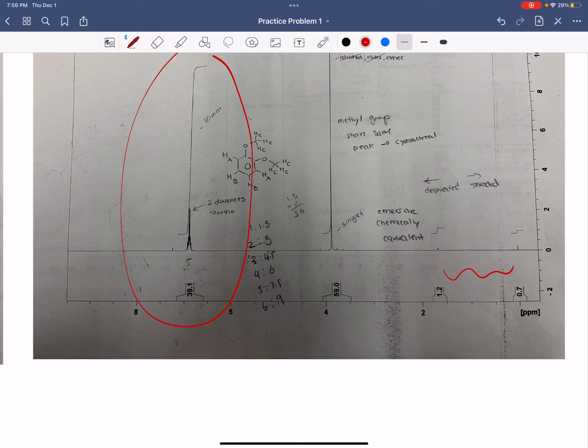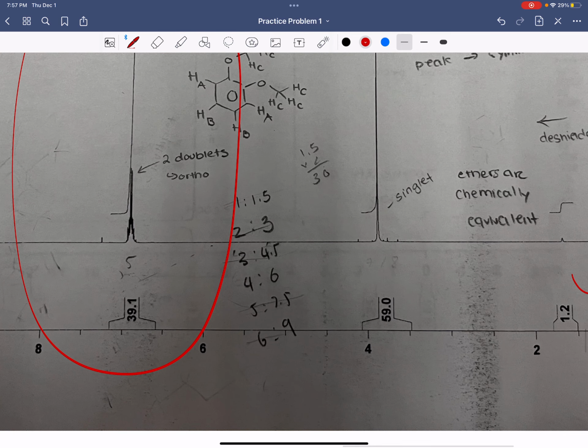So I used 39.1 as my smallest integration value, and I divided the 59 integration value by it to get the ratio of 1 to 1.5, which I then multiplied by 2 to get rid of the decimal point because it's impossible to get a fraction of a hydrogen. After that, I got the 2 to 3 ratio.